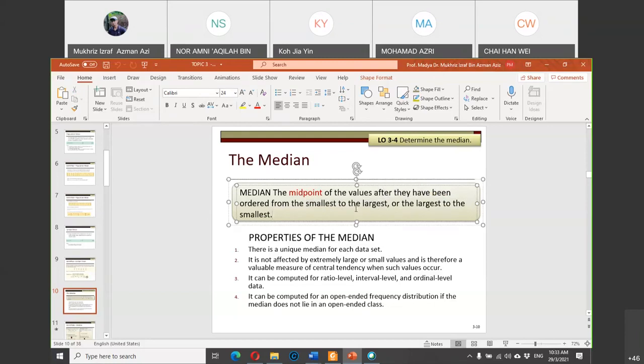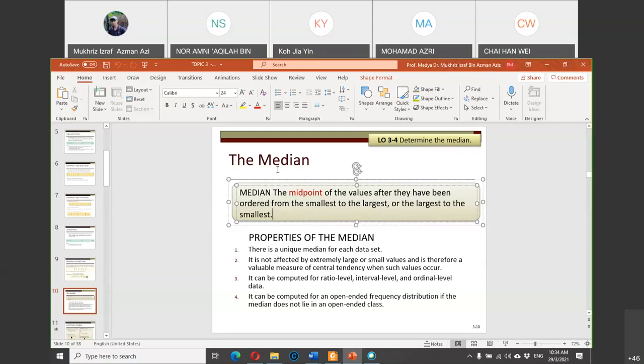If you recall when you were in kindergarten or primary school, whenever your teacher asked you to line up outside the class to go to the padang, to the field, or to the canteen, usually the teacher will sort the students from the shortest to the tallest. The tallest will usually be the last person, and the shortest student will be the one in front.